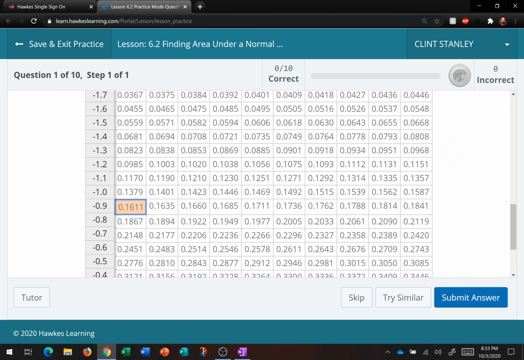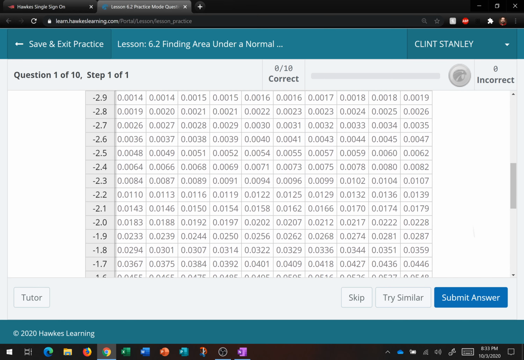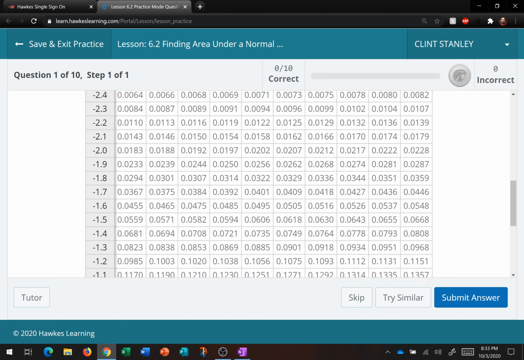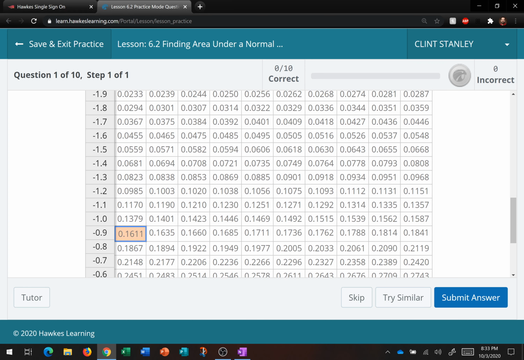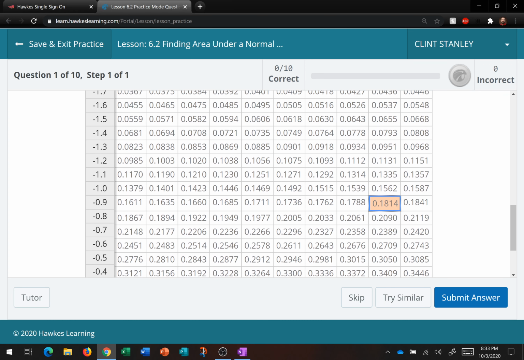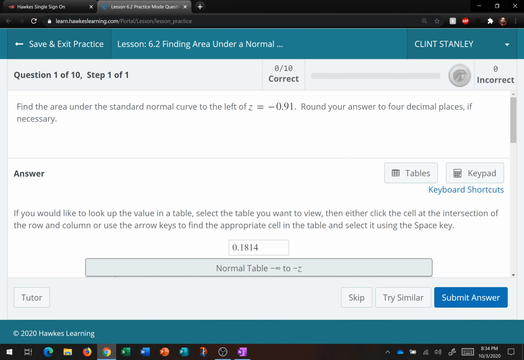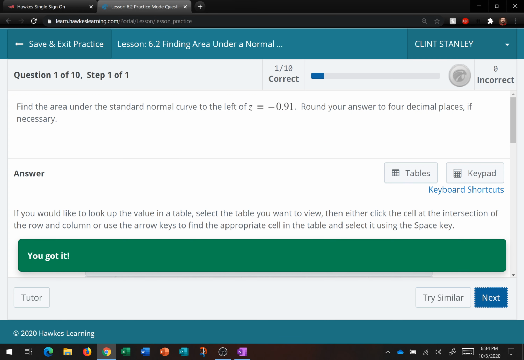But then we want 0.1, so we have to look across the top, next to the last column. We got negative 0.91 right there, 0.1814. Submit our answer. That's it. If it says area to the left, you just look up whatever z value it gives you.